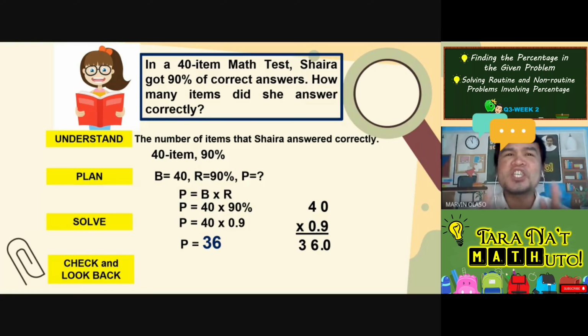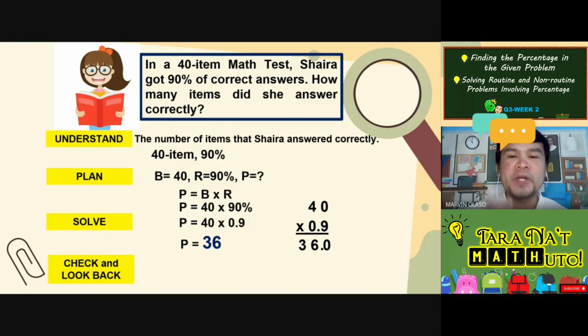Since Shaira got 90% correct answers, what percent did she get wrong? If 90% is correct, and a perfect score is 100%, 100 minus 90 is the percent she got wrong. That's correct.